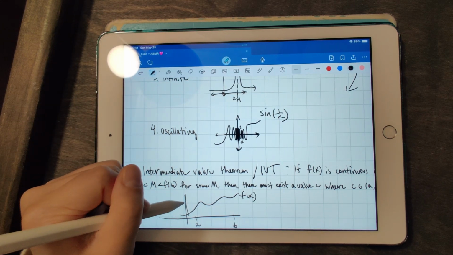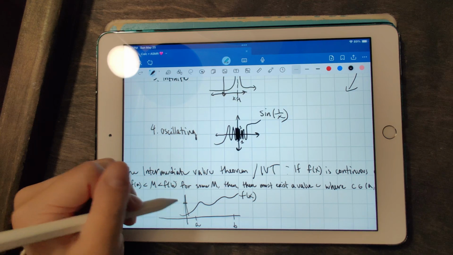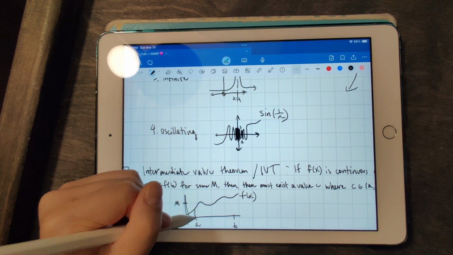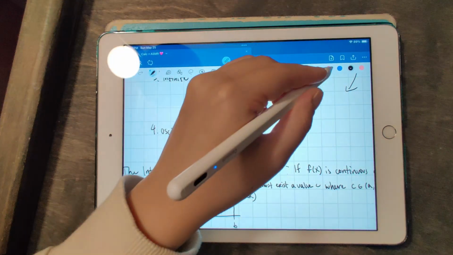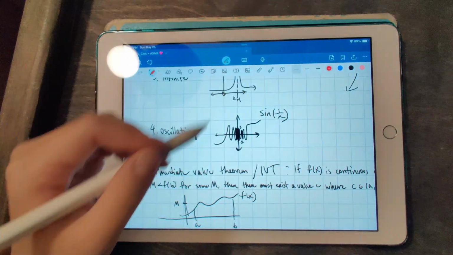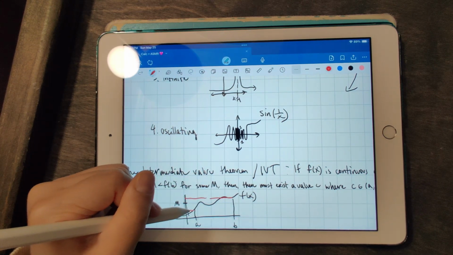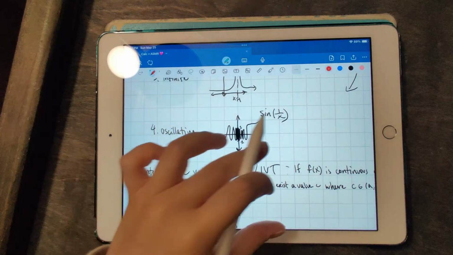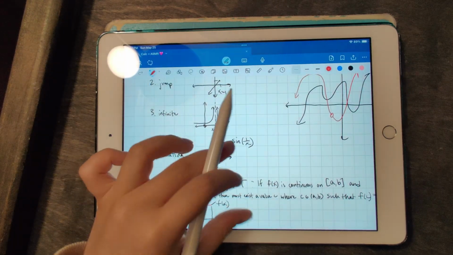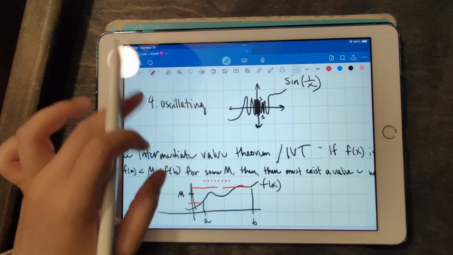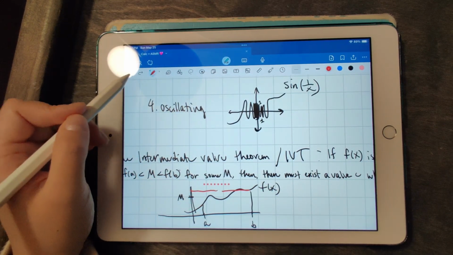We're going to say here there is a point m, such that m is less than f of b and greater than f of a. Then there must exist a value c, where c is between a and b, such that f of c equals m. So where did those dots come from?